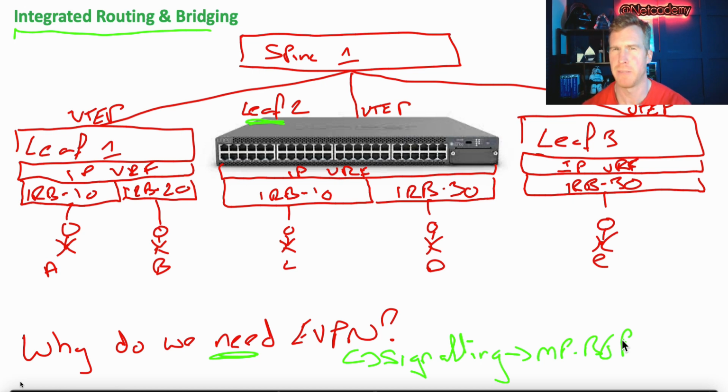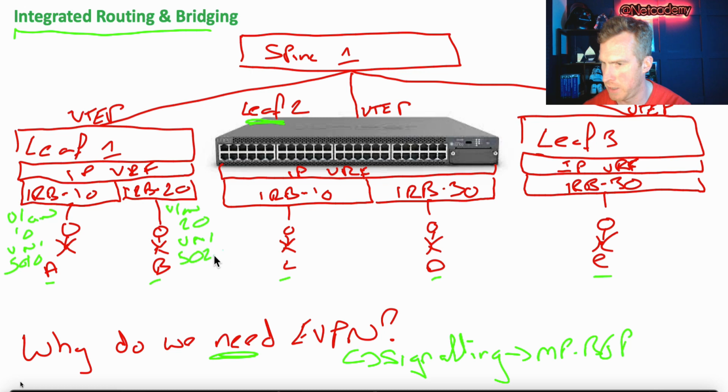And so what I've done here is I've made it a little bit more interesting. We've got user A, user B, user C, user D, and user E. Let's just say they've all got MAC addresses A, B, C, D, and E. Keeping it simple. User A is connected to IRB.10, so that's going to be VLAN 10, and that's going to go to VNI 5010. User B is in VLAN 20, and that's going to go to VNI 5020.